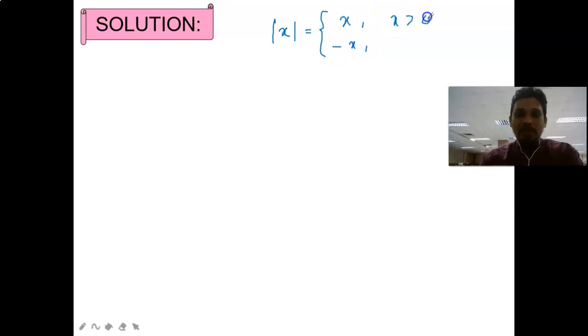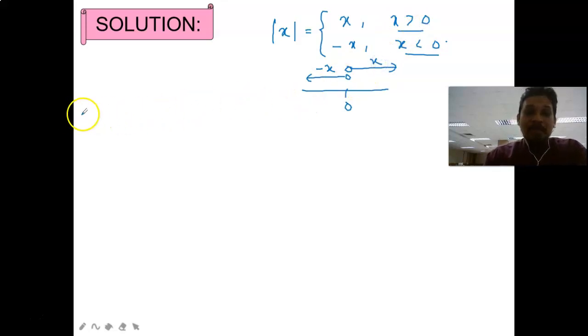This is for x greater than 0 and x less than 0. On the number line, 0, for x less than 0 the function is negative x, and for x greater than 0 the function is x. Now, the limit as x approaches 0 from the left gives negative x divided by x.